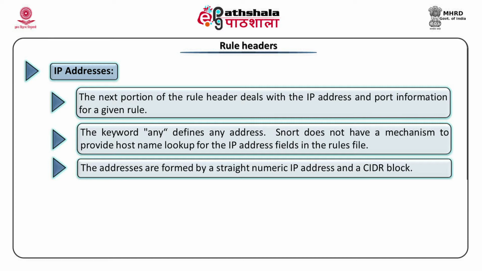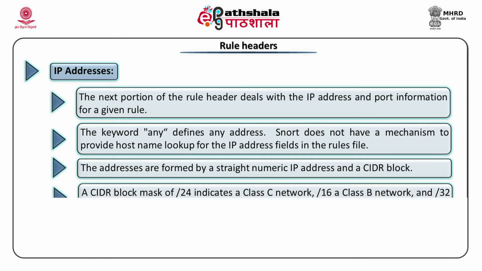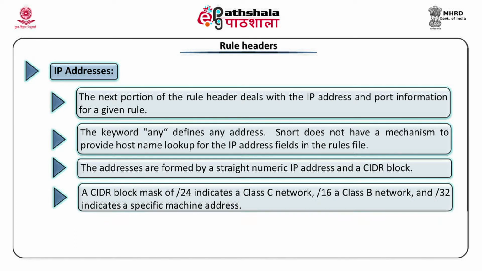The next portion of the rule header is the IP address. We have seen we wrote any, which may be used to define any address. Snort does not have any mechanism to provide host name lookup for IP addresses, so we need to define IP addresses, we cannot define the host name. It is a straight numeric IP address or CIDR block.